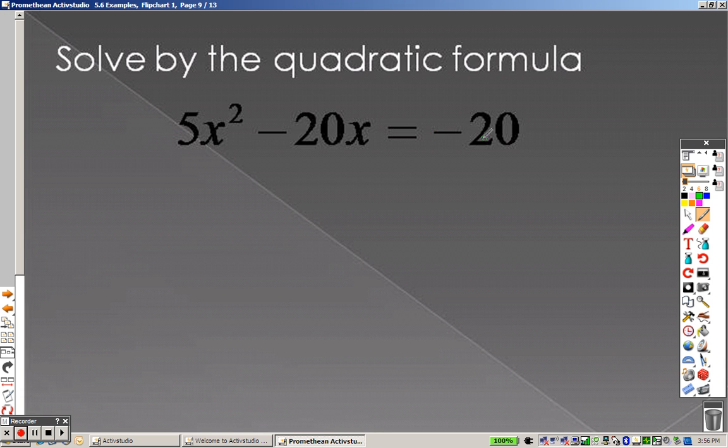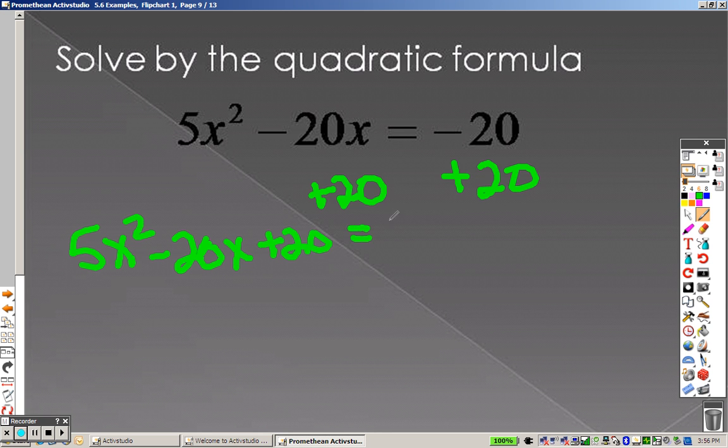So it's all about getting everything onto one side here. So you add 20 to both sides, so you get 5x squared minus 20x plus 20 equals 0.